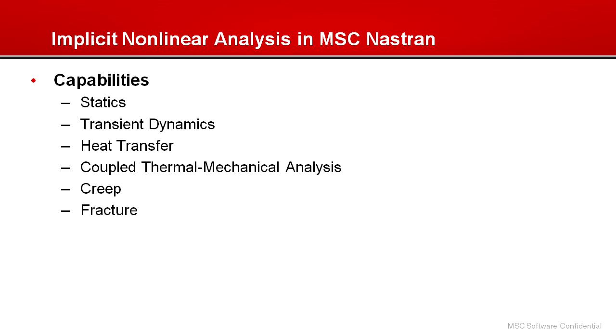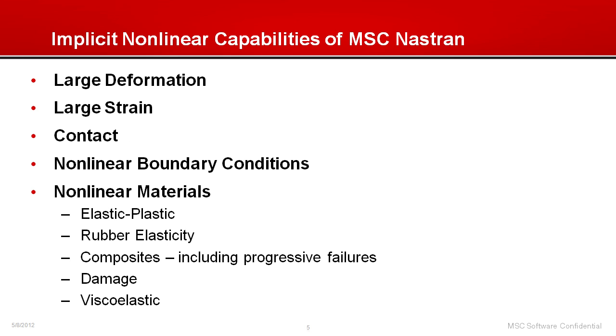Going forward, SOL 400 will replace traditional legacy Nastran solutions. In terms of capabilities, SOL 400 has support for large deformations, large strain. It has advanced contacts with many features, nonlinear boundary conditions, and nonlinear materials.